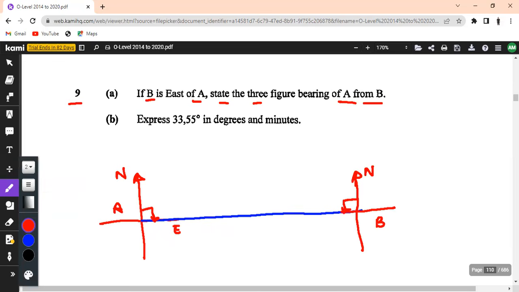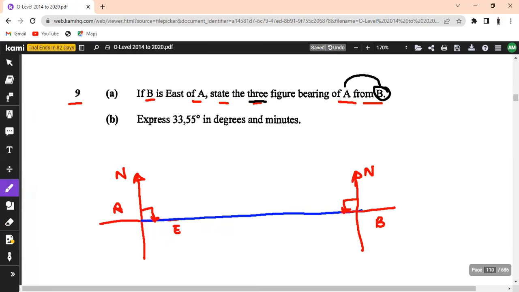So the question now is, what is the bearing that we are going to have of A from B, which means we are referring from this point B, and it's a 3-figure bearing, which we said is taken from the north in a clockwise direction to the line that goes to the point A. So this is the angle that we need. So as we can see, we simply need to remove this 90 degrees from 360 degrees.